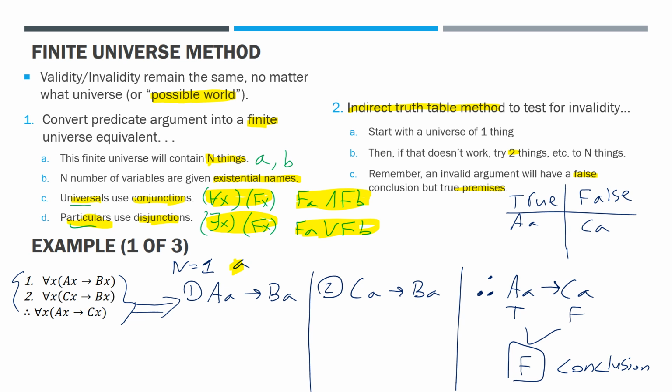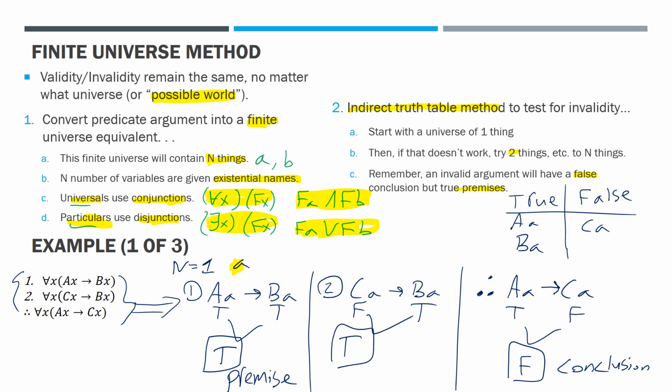And now we can look at our premises. So we said AA is true, and we said CA is false. And now let's see if we can get the first two premises true. So BA we can say is true. Let's just try that. Well, if we have a true antecedent and true consequent, we have a true premise. And if we have a false antecedent and a true consequent, we still have a true premise.